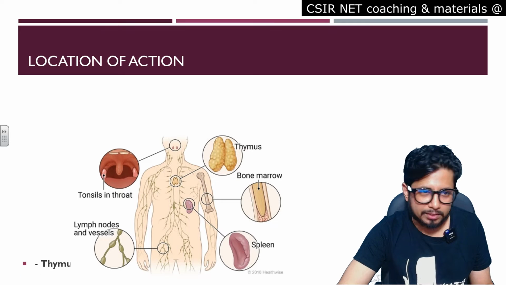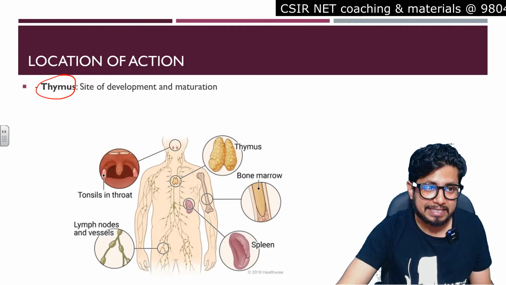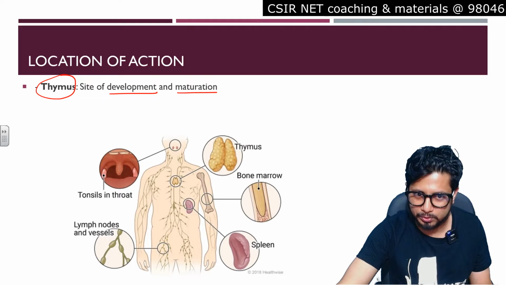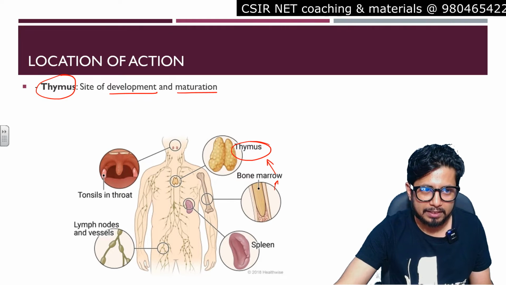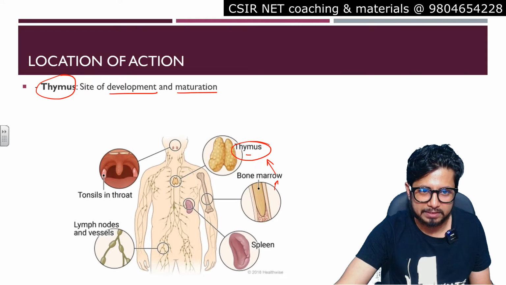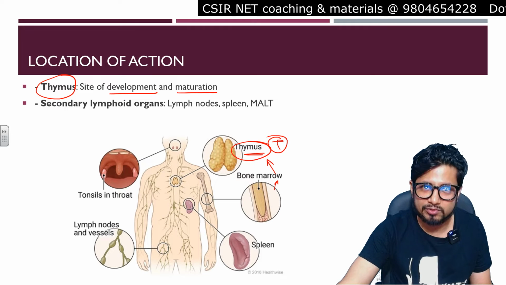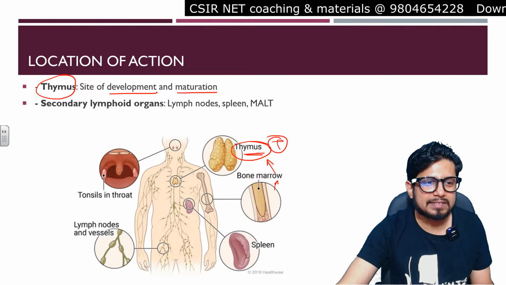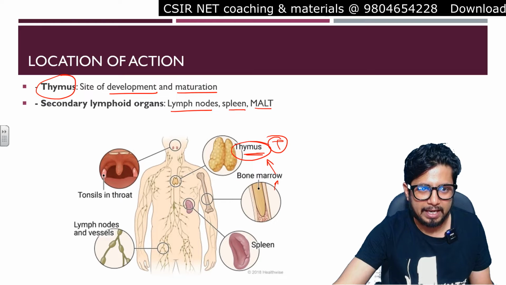Location of action. The thymus is the place where the T cell gets developed and matured. Remember, T cells are produced in the bone marrow, but the development and maturation take place in the thymus. So the thymus takes maximum credit for T cell training. T cells can be found in the secondary lymphatic organs like lymph nodes, spleen and MALT.